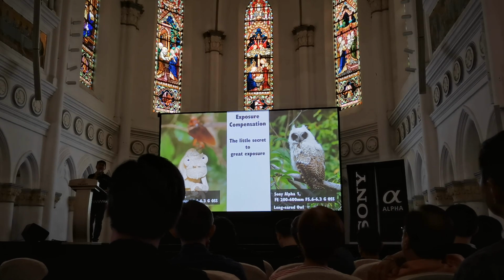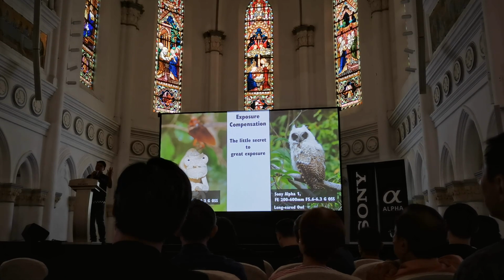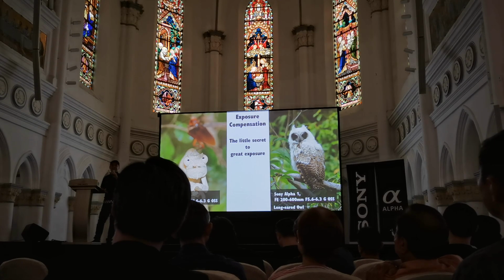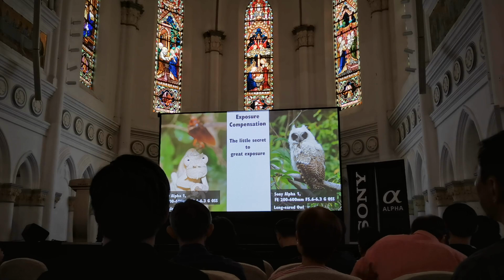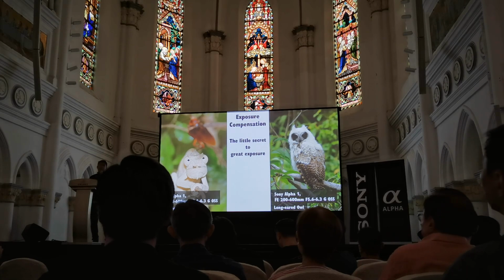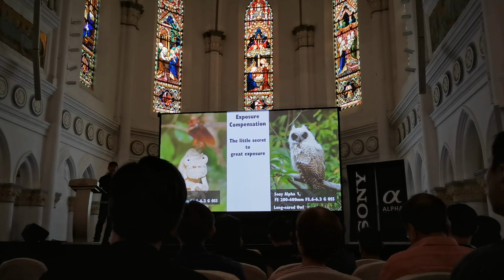So sometimes when you bring it down to minus, you will actually realize that, hey, why does my shot look a little bit underexposed? Okay, it doesn't matter. Remember this, as long as you shoot it raw, it doesn't matter. What is most important is to keep the details in place, and then you can do your post-processing later on to bring it back.